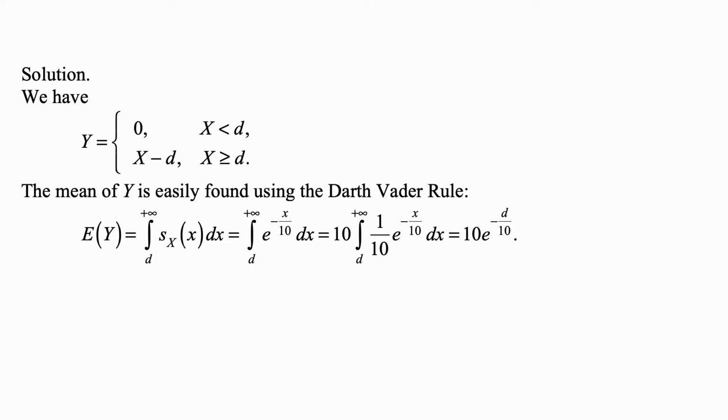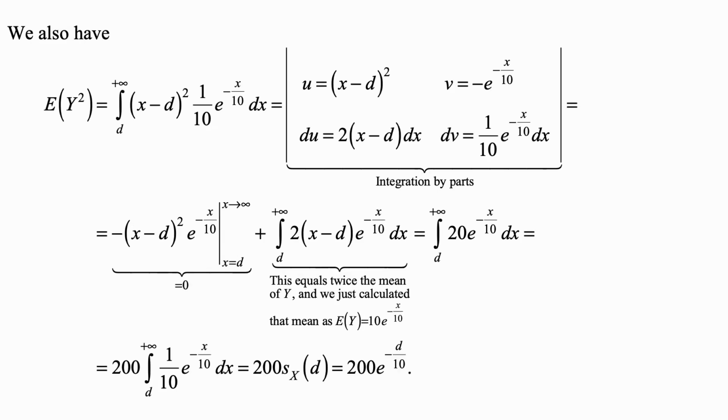This function under the integral now is the probability density function of the exponential distribution with mean 10 that we're working with. The integral of it from D to plus infinity is just the value of the survival function at D, and that's equal to e to the minus d over 10. So the answer is 10 e to the minus d over 10.